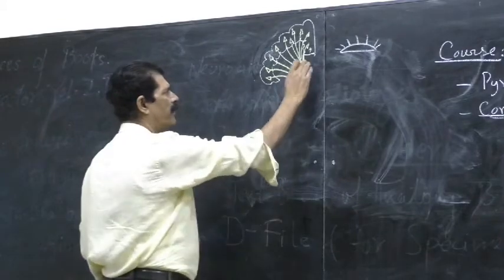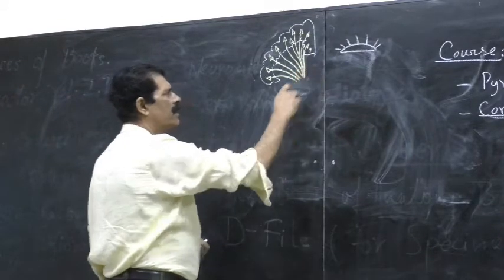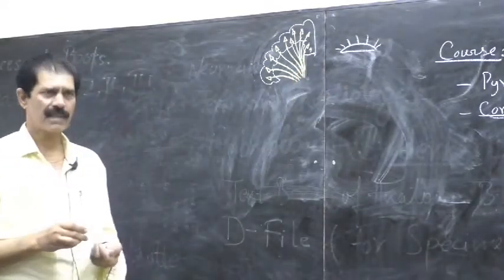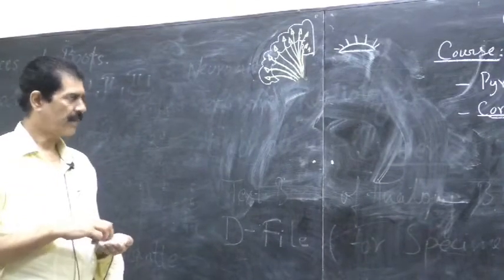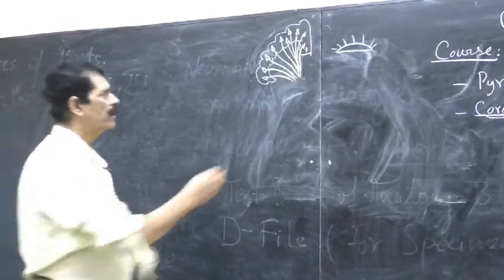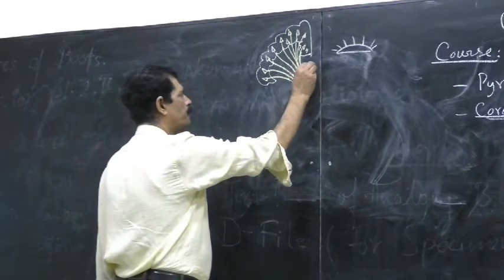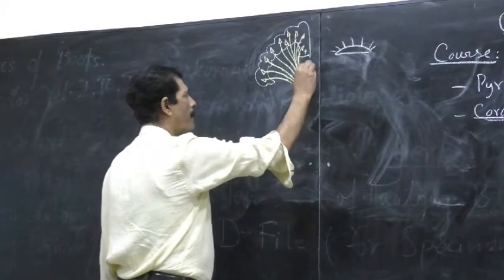Now these fibers reach the level of the thalamus, or the level of what we call the diencephalon. The thalamus lies medially.